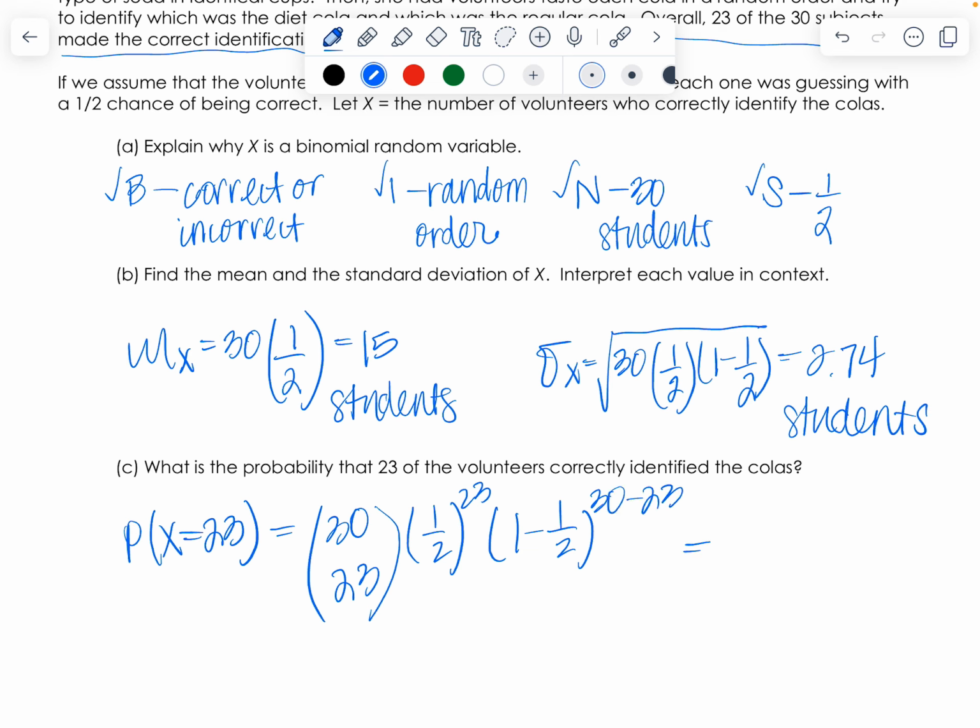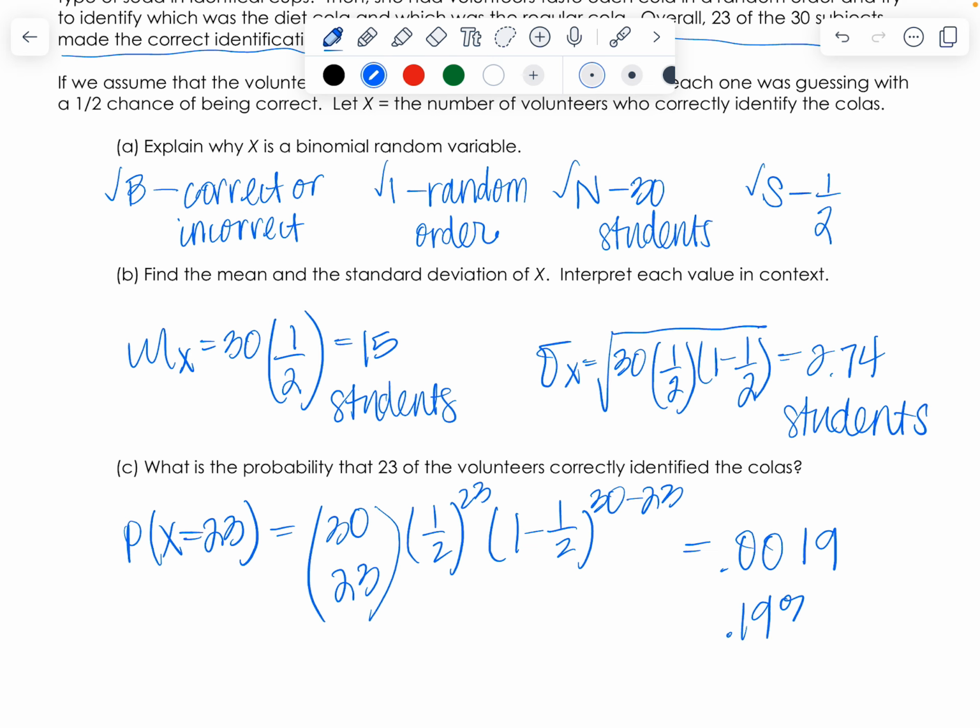Remember, to get 30 choose 23, we hit math, arrow over to probability, nCr, and multiply that by 1/2 to the 23rd, and multiply that by 1 minus 1/2 to the 7th, which is 0.00189.